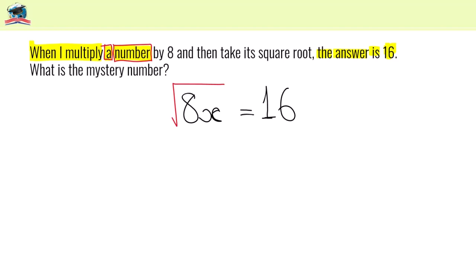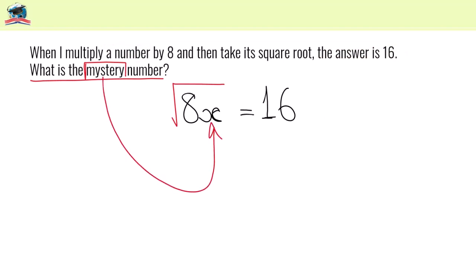So we have taken a statement and put it into an equation form. Finally, it says, what is the mystery number? The mystery number refers to X. We understand the question. Let's go.